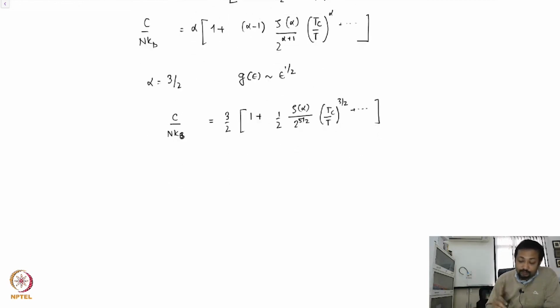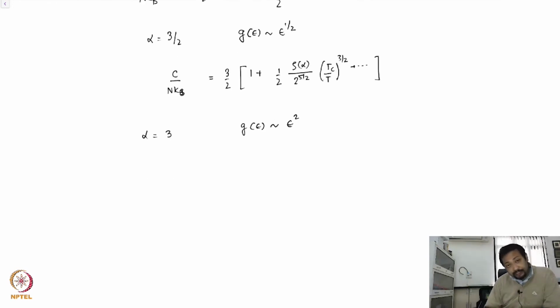What is interesting to note, okay, first let's do the other case when alpha is equal to 3 and G epsilon goes as epsilon squared, and this is the case when we're looking at an ideal Bose gas which is now confined in a harmonic potential, in which case you have C over n k_B is going to be 3.